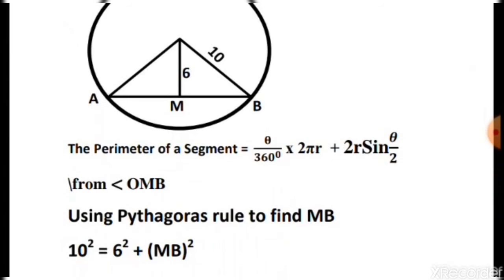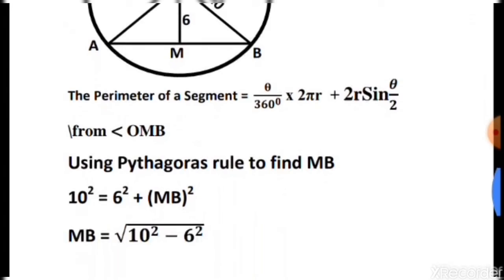Now, when we use Pythagoras rule, that tells you that the longest side, or the side that faces the right angle, which is 10, you square it, and that will be equal to 6 square plus MB square.